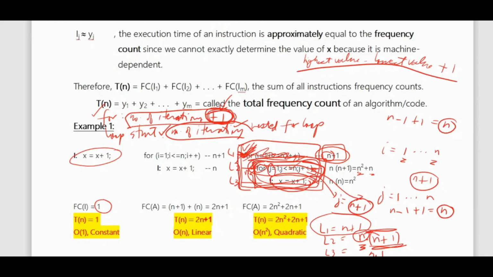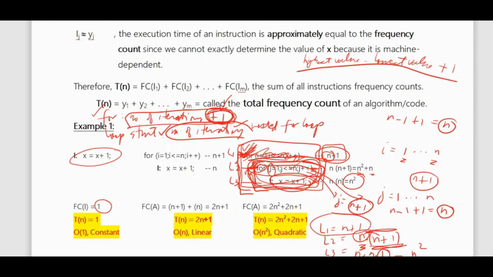This outer for loop iterates n times, the inner for loop iterates n times. Therefore, you'll have another n there. So this is with respect to the outer for loop. This is with respect to the inner for loop. And by itself, it is count 1. And so this is now n square for L3.